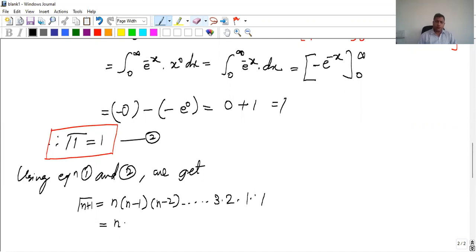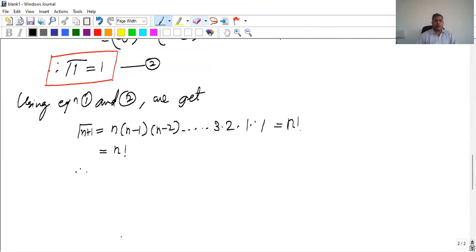So this number is going to be n factorial. And hence, what we got here is that gamma of n plus 1 is equal to n factorial if n is positive.